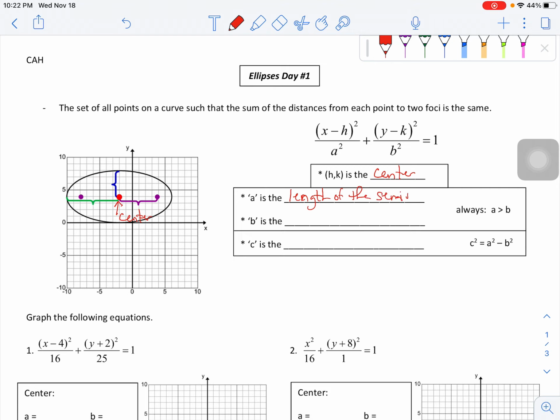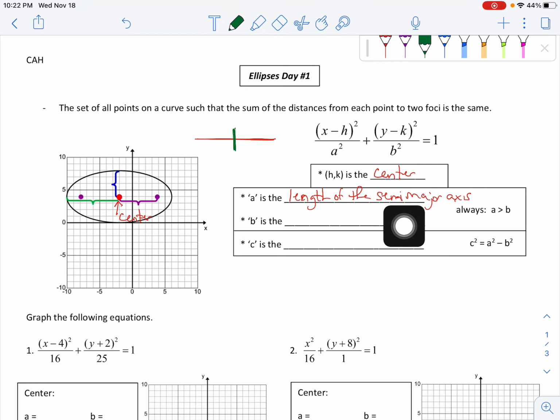A is the length of the semi-major axis. So an ellipse is made up of two axes, and I'm going to draw this up on the top here. If your ellipse is more elongated horizontally, that would be your major axis, and then it would be crossed with your minor axis, okay?